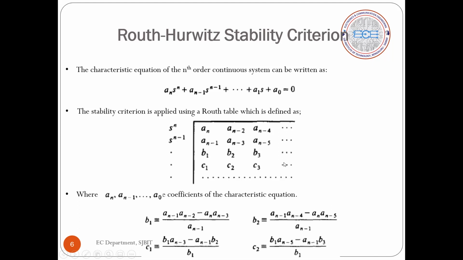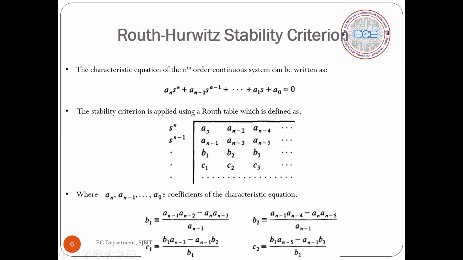How can we compute these table entries? Here we have written b1, the third row, first element. b1 is equal to a_(n-1) times a_(n-2) minus a_n times a_(n-3), divided by a_(n-1). What is b2?